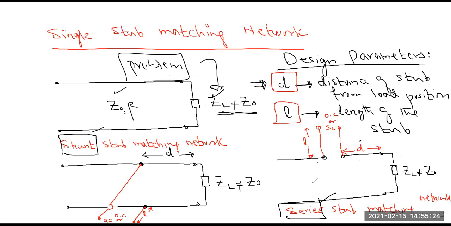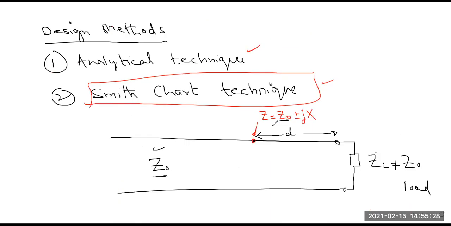For both of these circuits, the concept is the same. What is the concept? The position of the stub. How will you find out where to connect the stub? You need to find the point where you have this behavior. And what is that behavior? The real part at the point where you are going to connect your stub must be equal to Z naught.